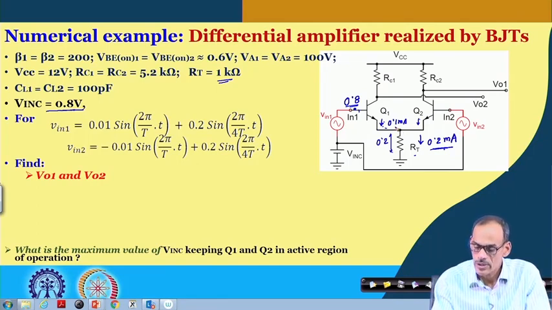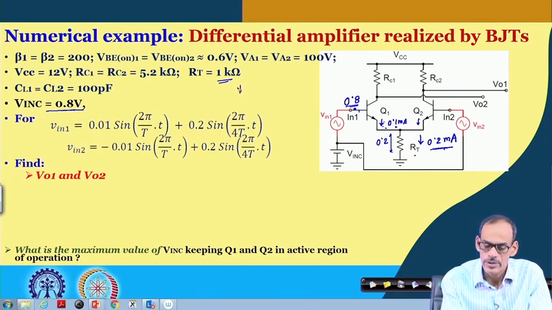So, if the IE current is 0.1 milliampere, we can approximate that IC1 is also equal to 0.1 milliampere. Same thing for IC2 as well.